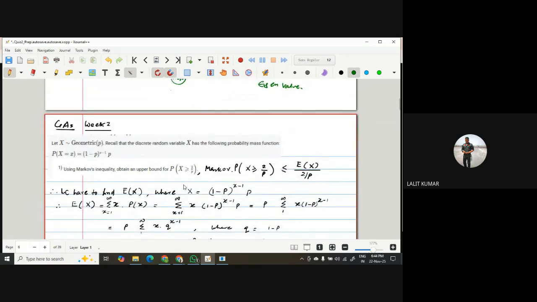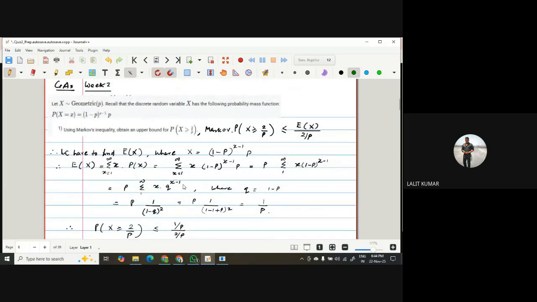Now we come to the GA of week 2. X belongs to geometric. Recall that a discrete random variable has the following probability mass function. This is for the geometric. Using Markov's inequality, obtain an upper bound for P(X greater than or equal to 2p). From Markov, we know P(X ≥ a) is less than or equal to expectation of X divided by a.